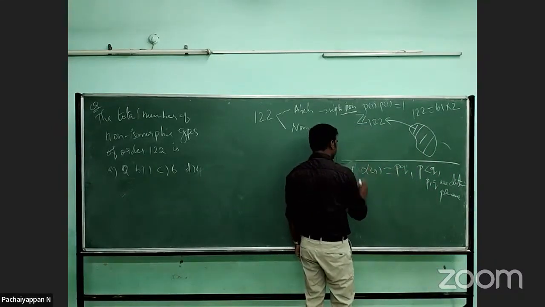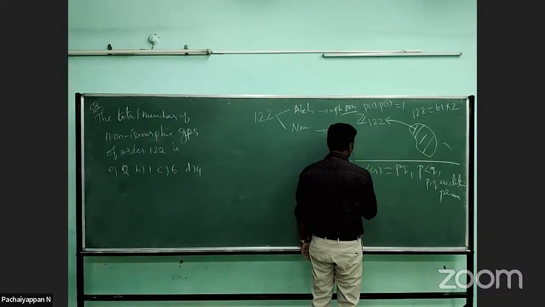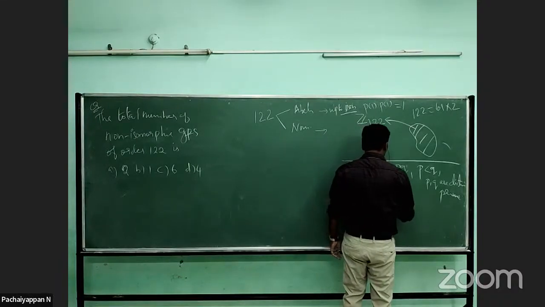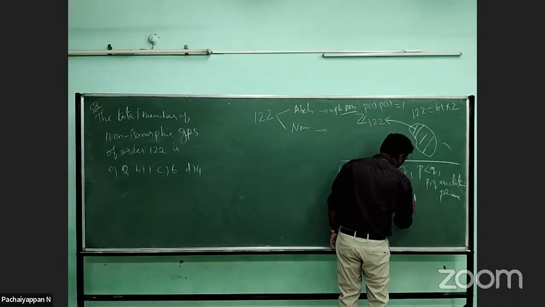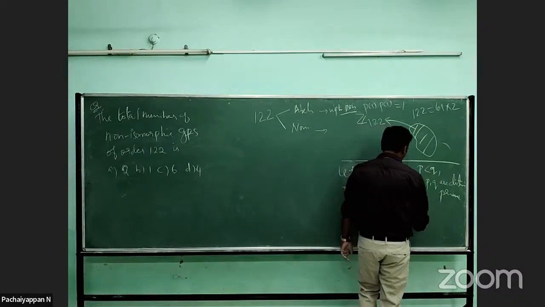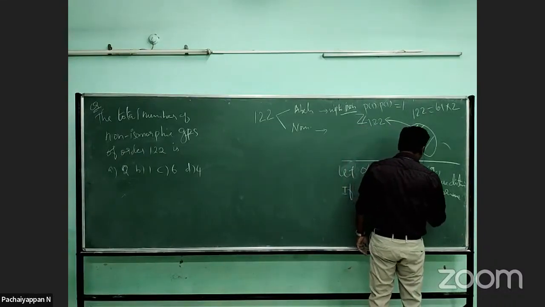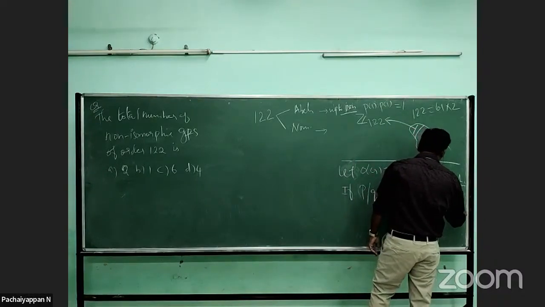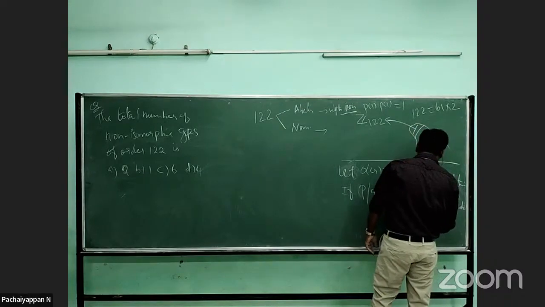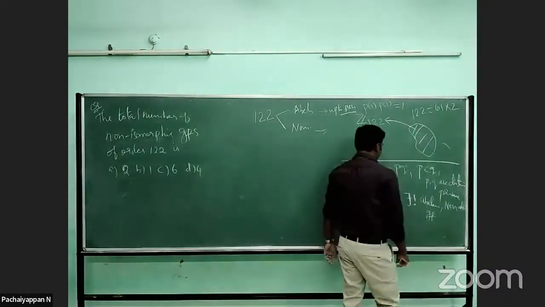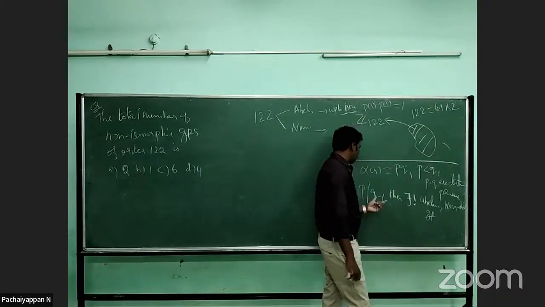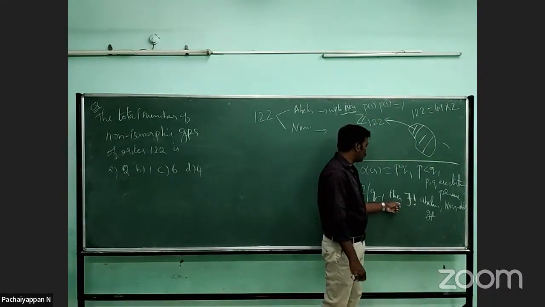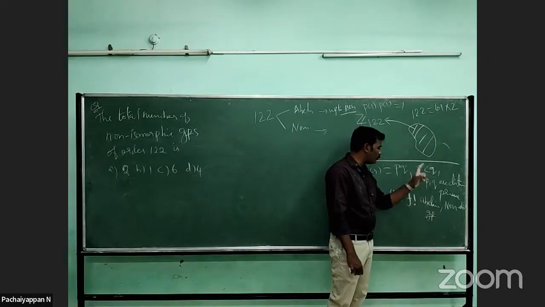If P divides Q minus 1, then there exists a unique abelian group and a unique non-abelian group.